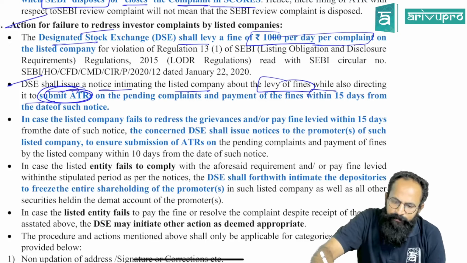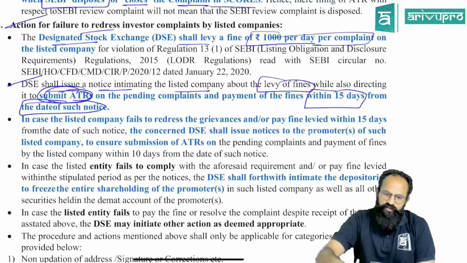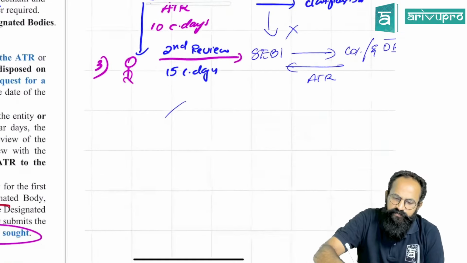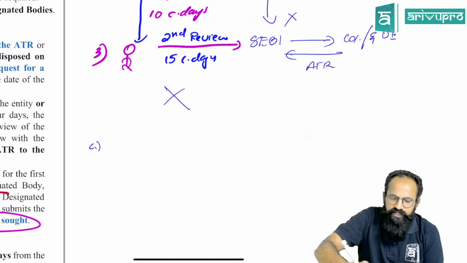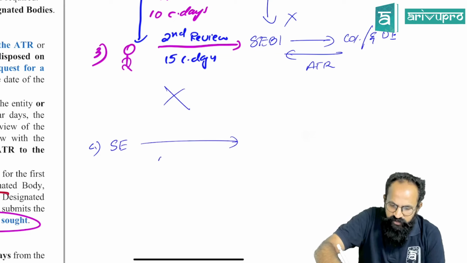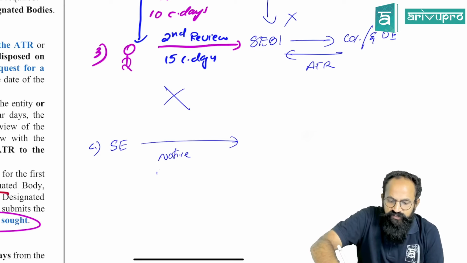All of this should happen within 15 days from the date of such notice. So if this is not happening, the stock exchange will send a notice that you have to submit the ATR and also pay the penalty.